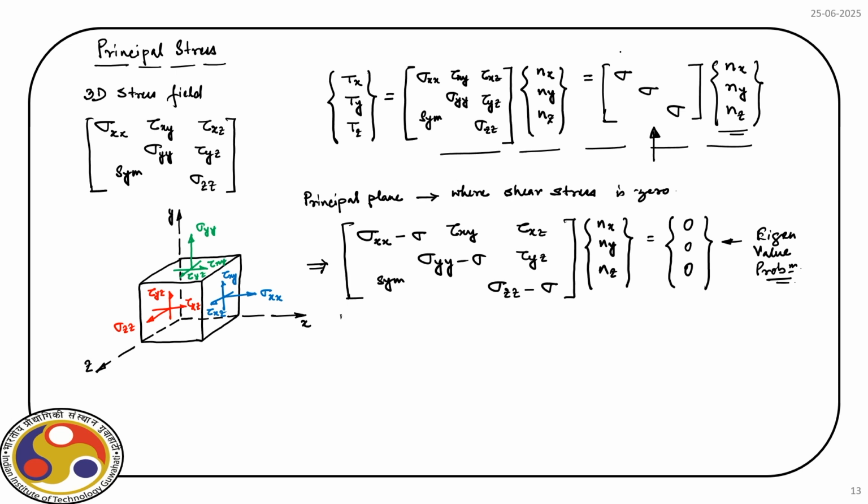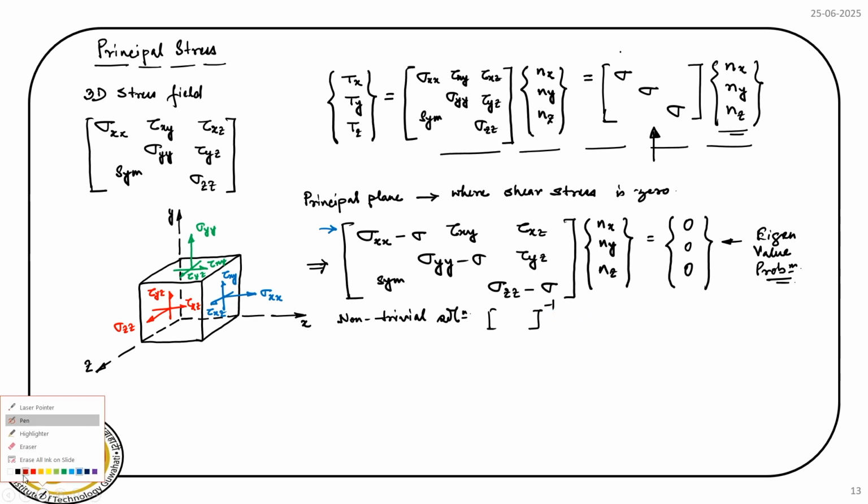Obviously, for a non-trivial solution, this third bracketed term, if we take the inverse of that, that inverse should not exist, right. So, for a non-trivial solution, the inverse does not exist.